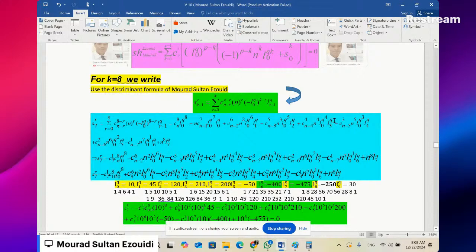Now r equals 5, it will be combination n minus 5 choose 3, n raised to the power 5 times 0.2 raised to the power 3. When r equals 6, it will be positive, because minus 1 raised to the power 6 is positive, so combination n minus 6 choose 2, n raised to the power 6 times 0.2 squared. When r equals 7, it will be negative combination n minus 7 choose 1, n raised to the power 7 times 0.2 raised to the power 1. Plus n raised to the power 8 times 0.2.